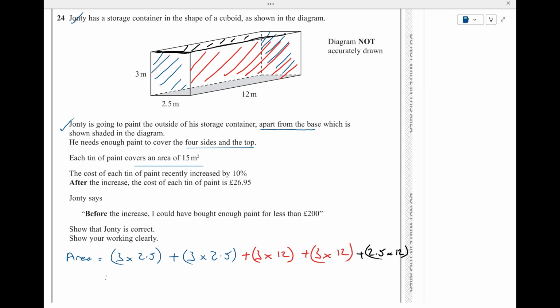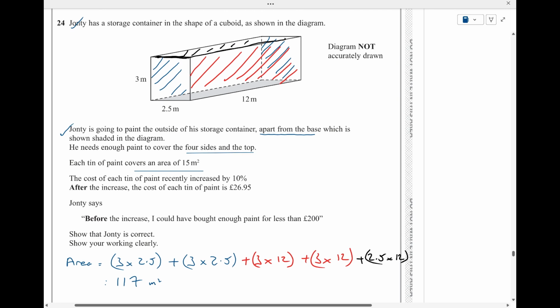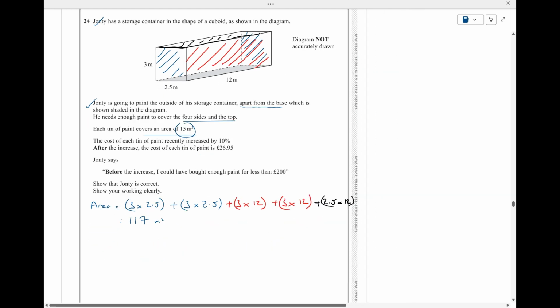I'll put all that in my calculator. So 3 times 2.5 plus 3 times 2.5 plus 3 times 12 plus 3 times 12 plus 2.5 times 12. His whole area is 117 square meters. And each tin of paint covers 15, right? 15 square meters.